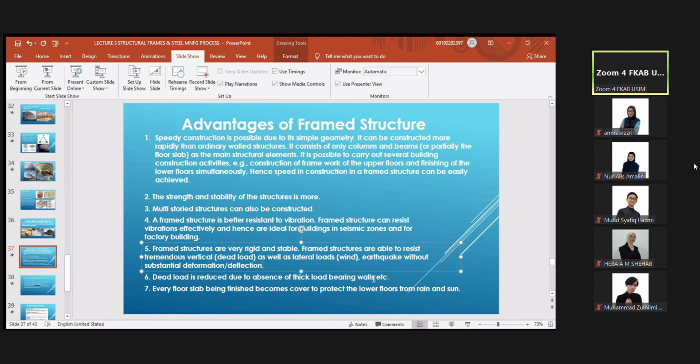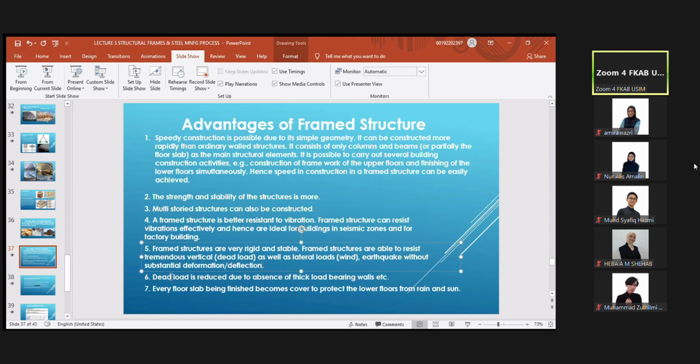All the floors on top, all the floors separating the walls, the units are made of concrete. That itself becomes a structure by itself. So that is heavy, it's very heavy. Unlike when we're talking about steel, it's just infill panel, where you can fill up some very light partition kind of thing. Okay, 6, dead load reduced due to absence of thick load bearing.